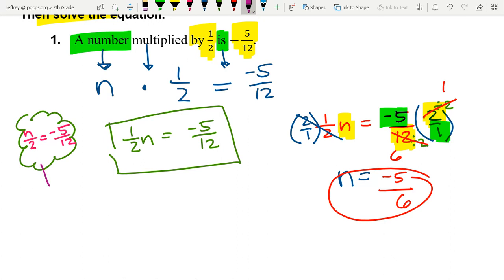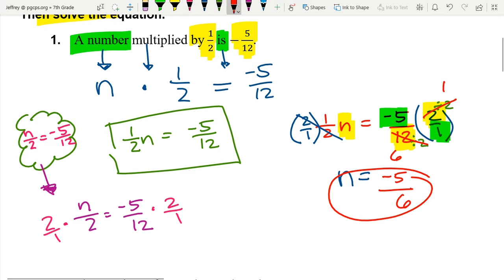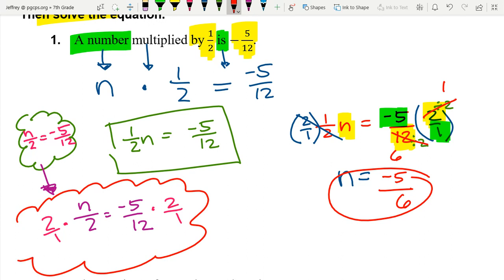Now, what if you use this equation to solve? If you have n over 2 is equal to -5/12, you would have the same answer because you're going to multiply by 2 over 1. Now remember, this is a sidebar. Don't get confused. I'm just solving this in case my equation looks like this.